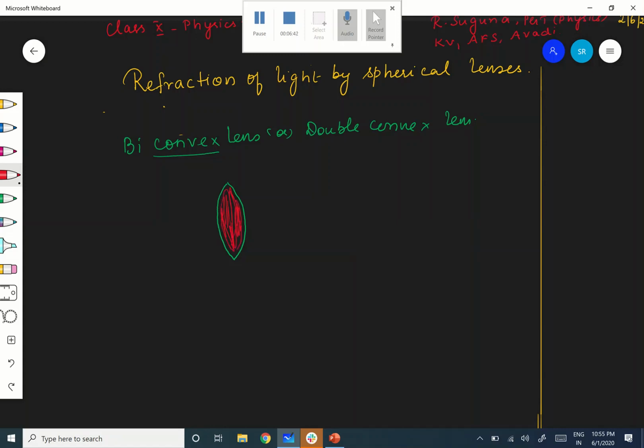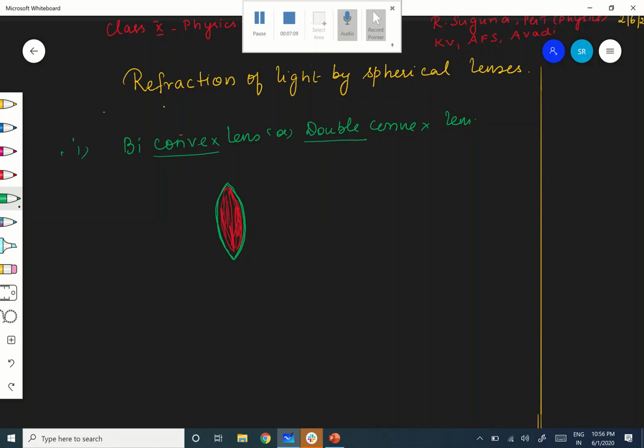This is the transparent medium and it is bounded by the convex, both the surfaces. This is also convex and this is also convex. Therefore, this is what is called a convex lens or biconvex lens. Both the surfaces are convex. That is why it is biconvex, or what is called a double convex lens.